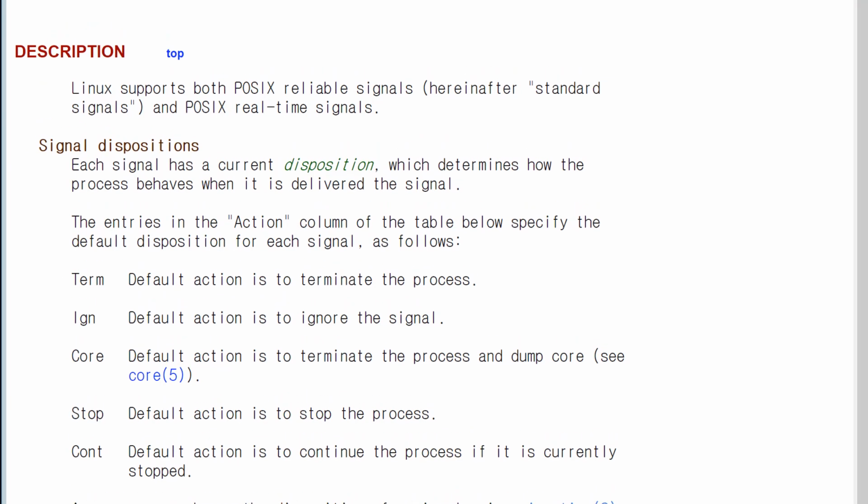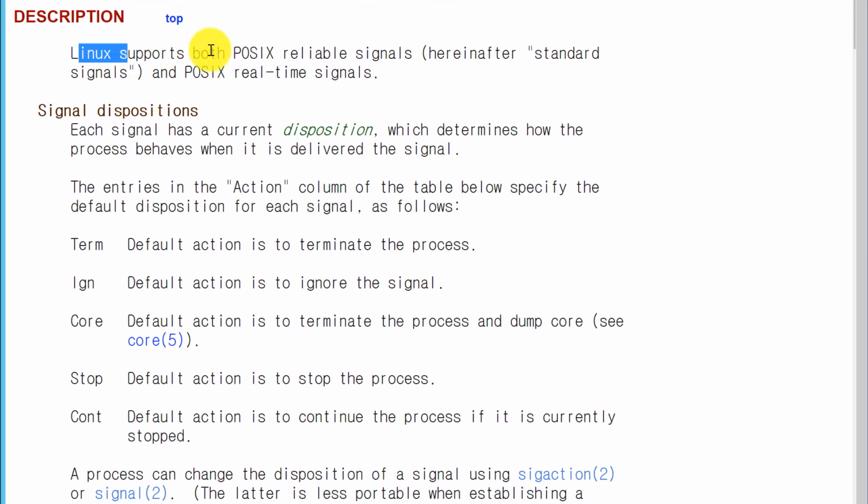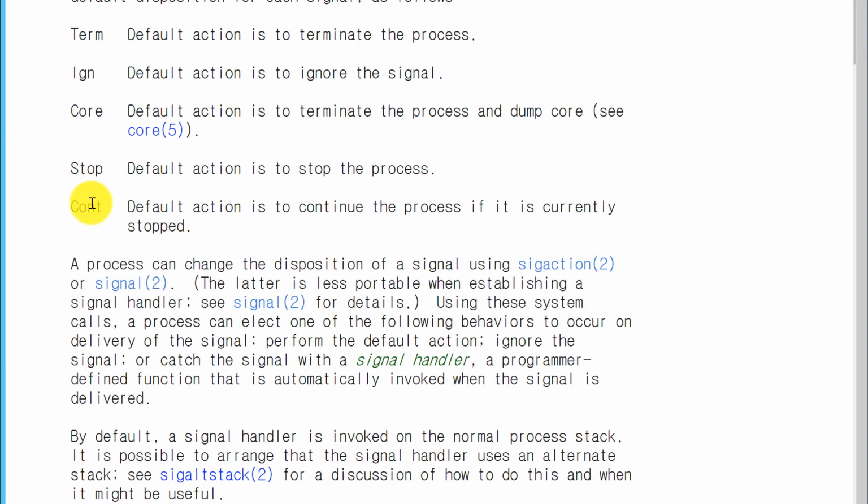This page shows the overview of signals. Linux supports both POSIX reliable signals, hereinafter standard signals, and POSIX real-time signals. You can see the meaning of term, ignore, core, stop, continue.